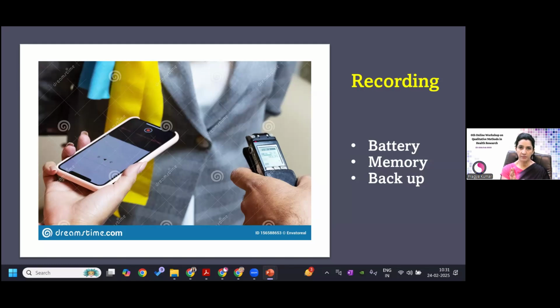Charge it properly. You can have a power bank also, if you are planning to conduct 3-4 interviews. And put the phone in aeroplane mode if you are recording on it, otherwise interruptions will come in between and the quality will not be very good.